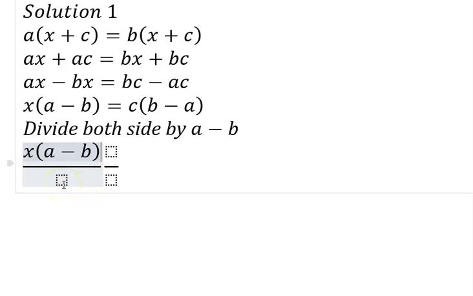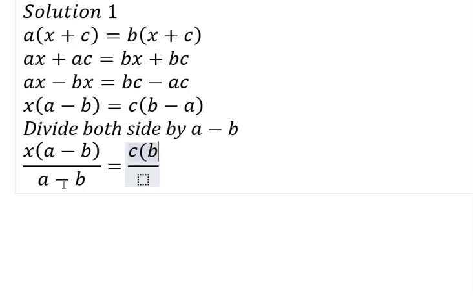So since we are dividing both sides by A minus B, we have our equality sign here, and right here we have our C open bracket B minus A. That's what we have up there. Then at the denominator, we are dividing by A minus B. It's as simple as that.